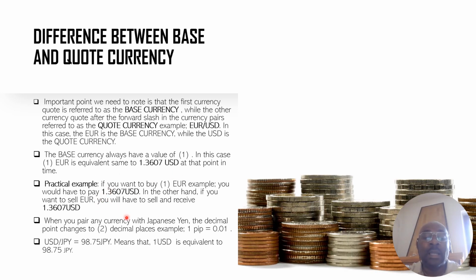When you write 1, then that is 1.3607 USD. But in case of USD/JPY, 98.75 JPY, it does not have 1, meaning that 1 USD is equivalent to 98.75 yen. So that is how it is, guys.